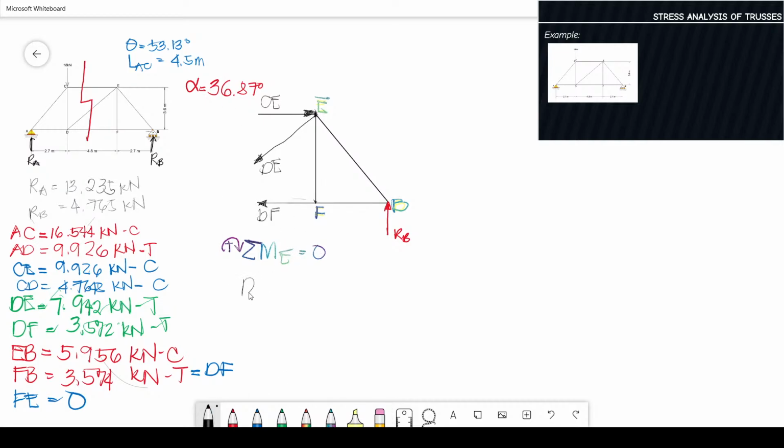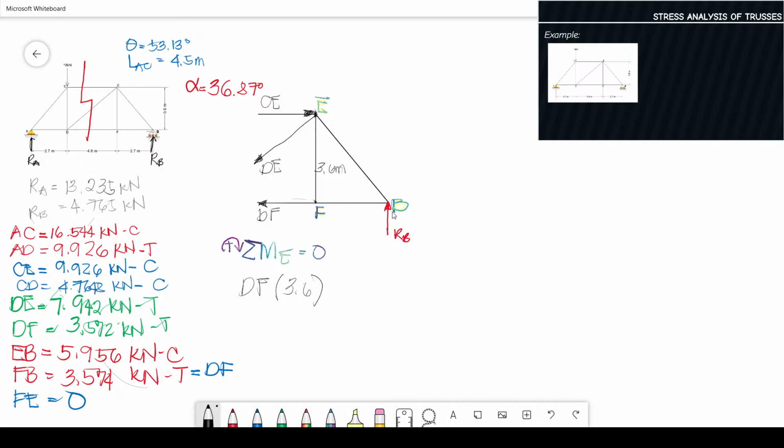So we have DF times 3.6, this is the same as this one. This is 3.6 meter. So this is DF, clockwise, times 3.6 meter.